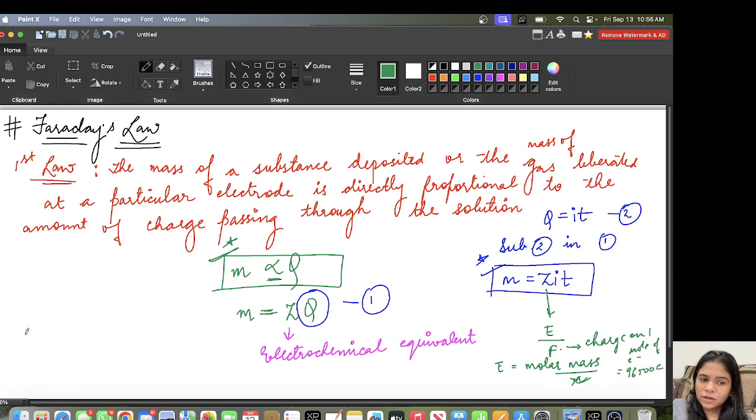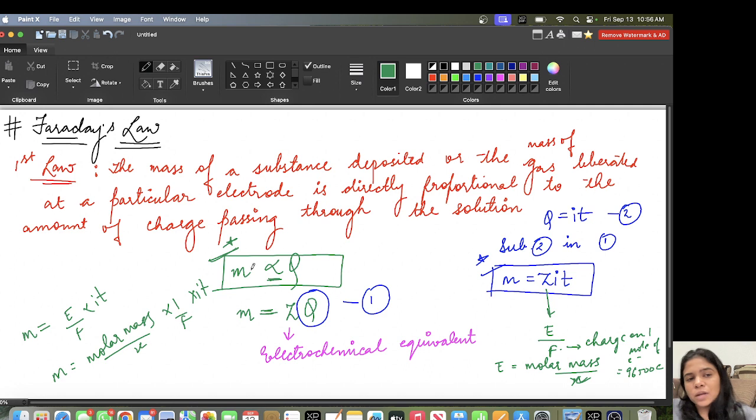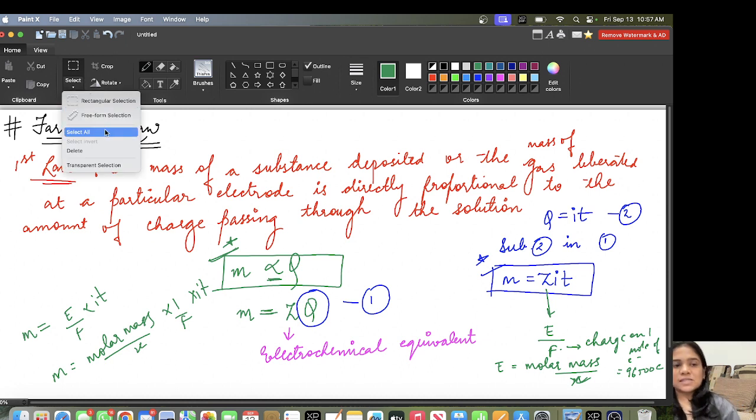So if you substitute everything, you will get a new formula. M equals E by F into IT, or M equals molar mass upon X into 1 by F into IT, right? So these are the formulas which you need to use. Just remember one formula. Rest of the formulas can be derived from the same formula.